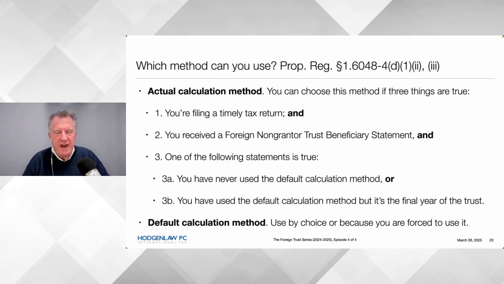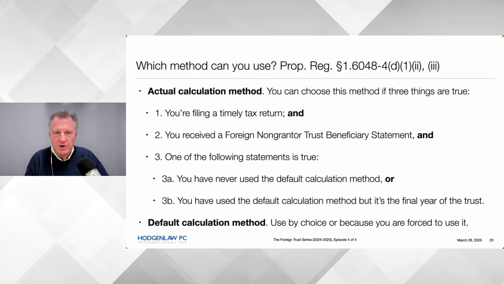So which method can you use, or can you choose to use? You can use the actual calculation method. Remember, this means that you're getting a God-tier foreign non-grantor trust beneficiary statement from the trustee on time if all of these things are true. Number one, you're filing a timely tax return. So if you're filing a late tax return, you're out of luck. You're stuck into the default calculation method.